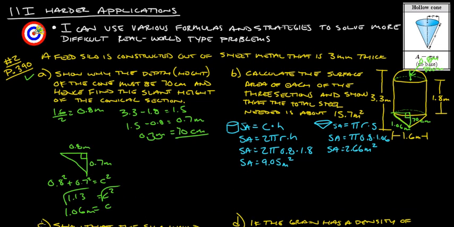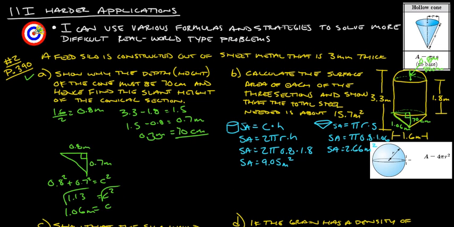Alright, and then the next thing we have to do is find the area of this half sphere. And so we need to know the area of a sphere, which equals 4 pi r squared.